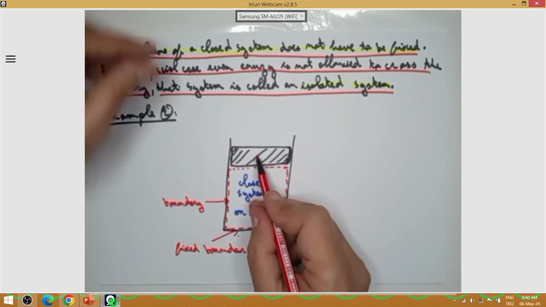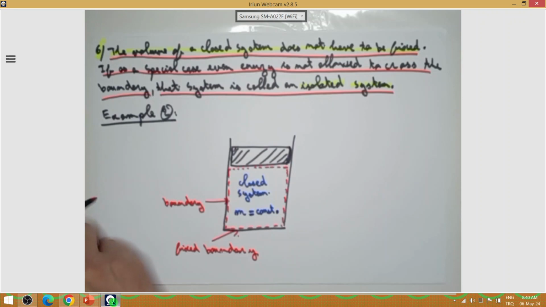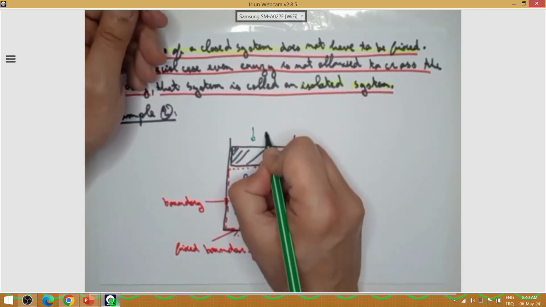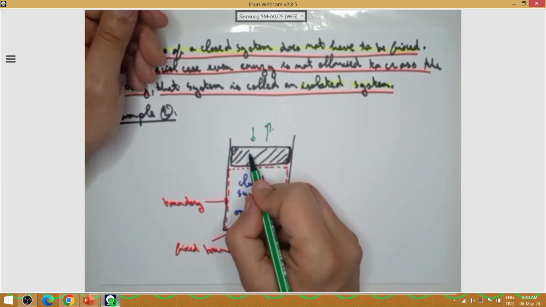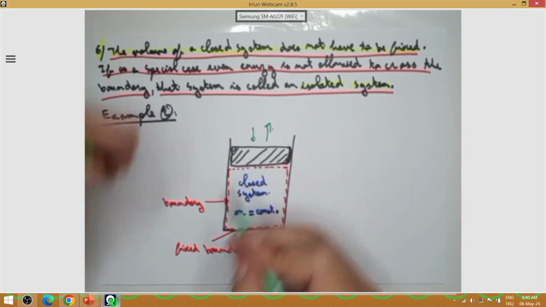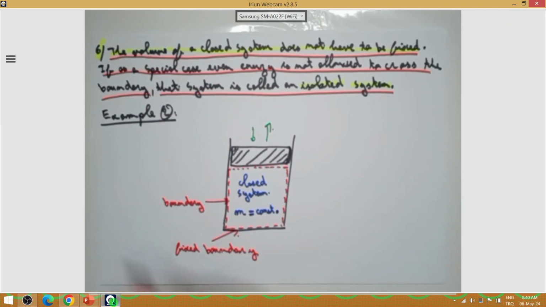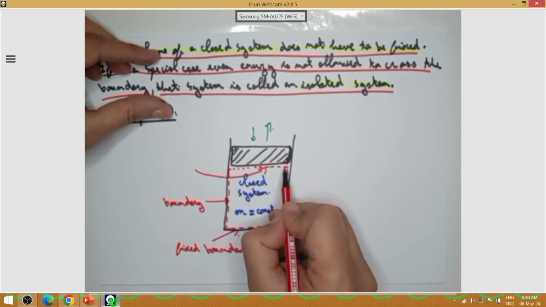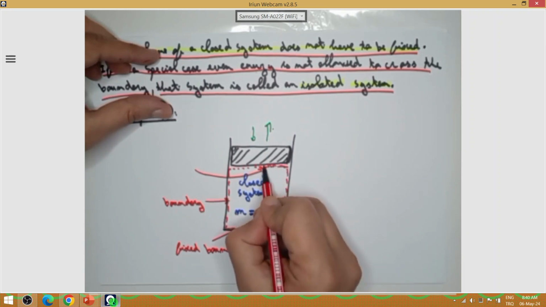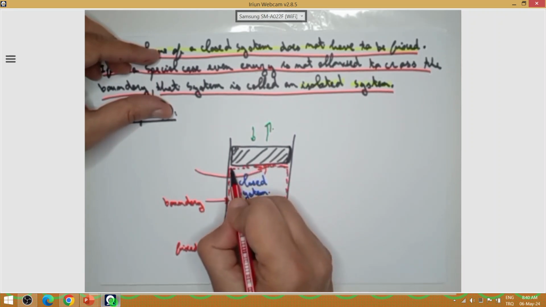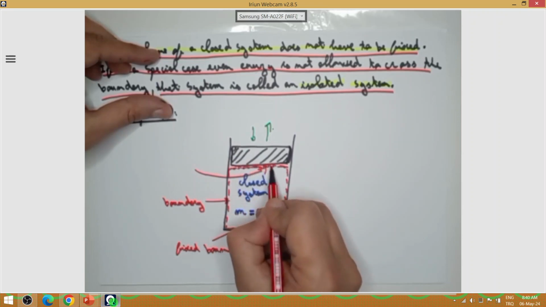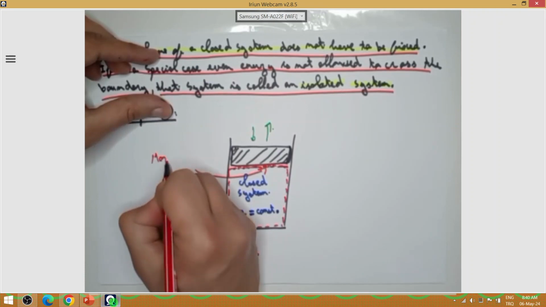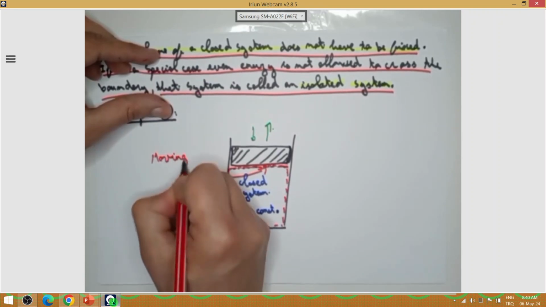And this one, since we have a piston, it can go down and up, so it can move. My piston can move up and down. So this boundary, this horizontal line that I can see here, I can call a moving boundary.